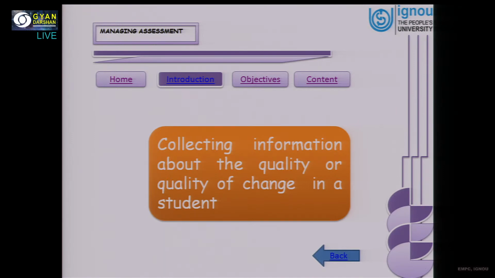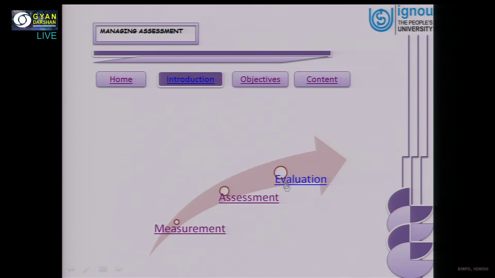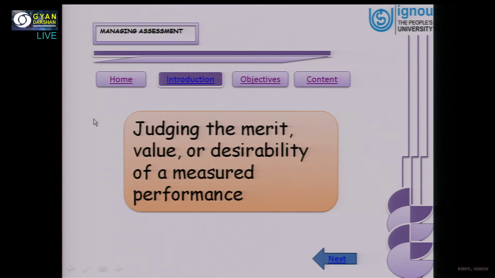So just collecting the information. And this information includes both the quantitative aspects as well as the qualitative aspects. Coming to the next term, evaluation, it is a broader concept which means judging the merit, value or desirability of a measured performance.